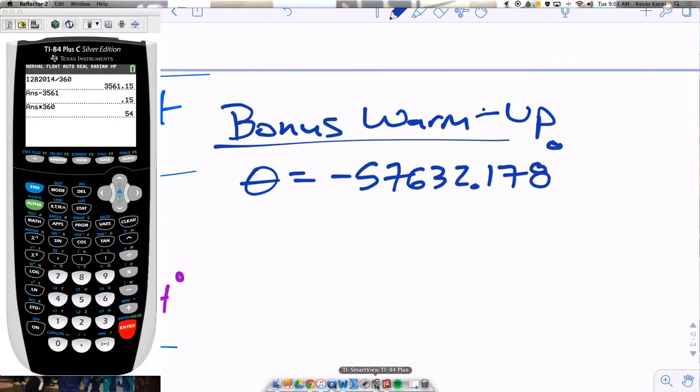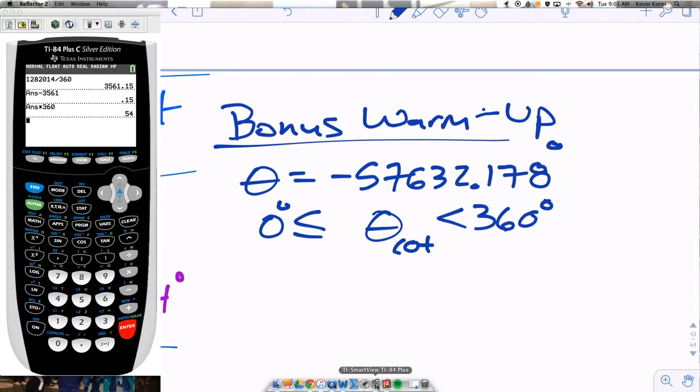And I want you to find essentially the coterminal angle that's between 0 and 360. And then I want you to find the reference angle. Okay? The reference angle. This will be similar to your quiz tomorrow. Keep in mind that we're starting with a negative angle. Bonus warm-up. No additional charge.